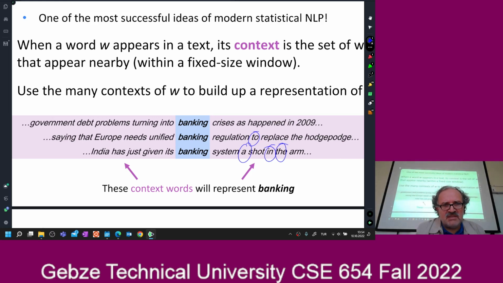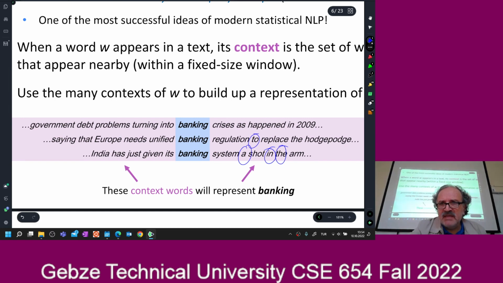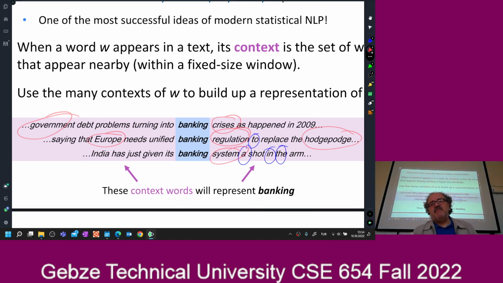So as you see with this word banking, these kind of words happen a lot: crisis, government, Europe, regulation, hedge, fund, I don't know what it is, system, banking system. By paying attention to these kind of words, you are getting lots of idea about this word banking.